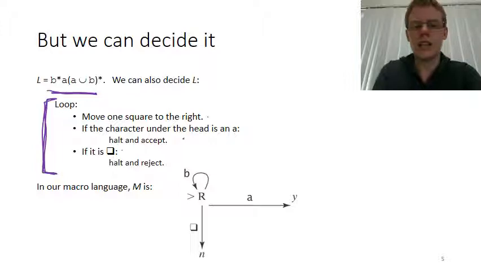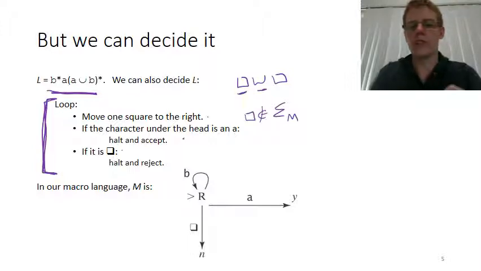But if we see a blank, that means that we're at the end of the string, because our initial configuration is always all of our string made up from the input alphabet, which never contains the blank, and we start with the tape head to the left. So if we keep going and we have not seen an A yet, but we see a blank, we know that the string must have been 0 or more B's. So at this point, we just halt and reject.